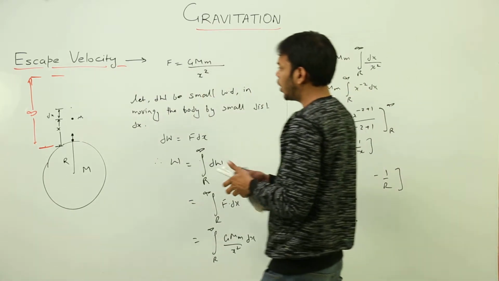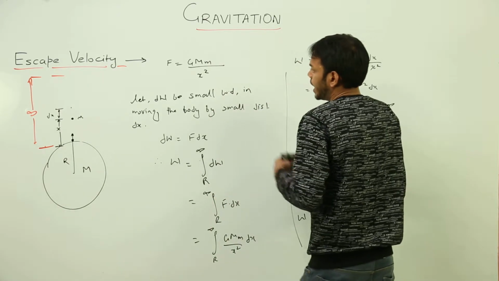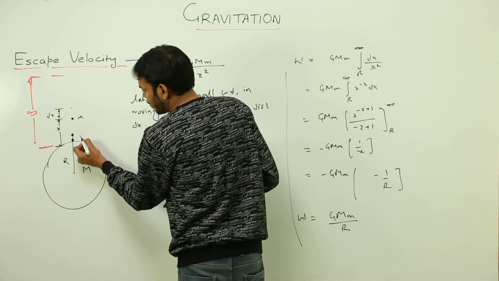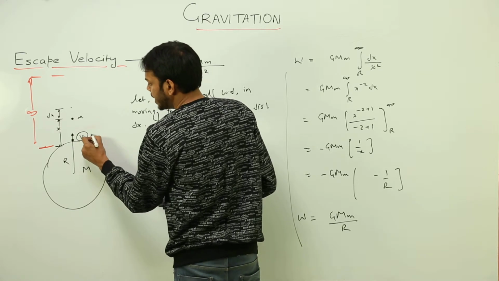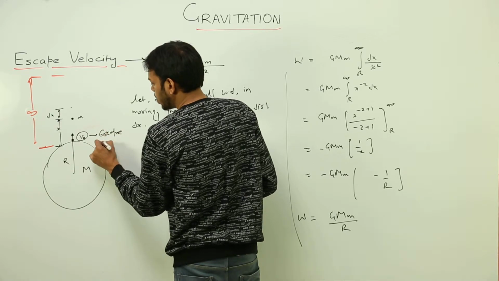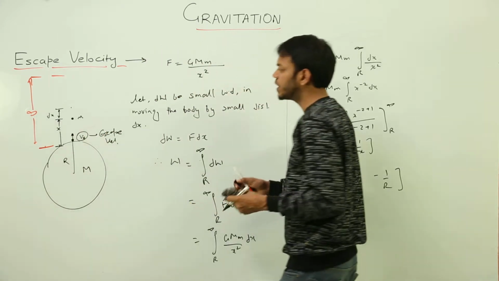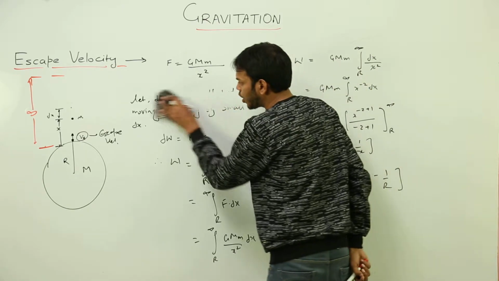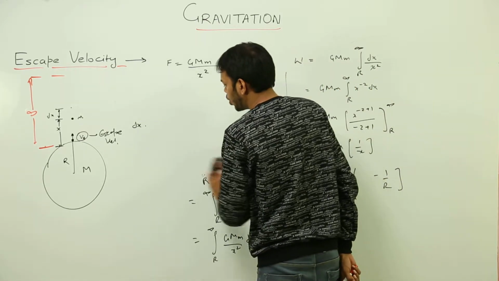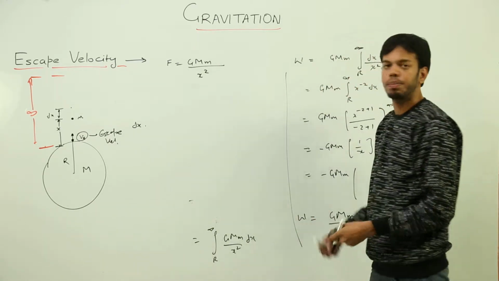Okay, now how do we solve it further? If V naught, which I initially wrote and rubbed off, if Ve is the escape velocity which we have to figure out, it is the velocity with which the body has been projected. So according to the work energy theorem, whatever kinetic energy was there in the body got converted into work done by the body.